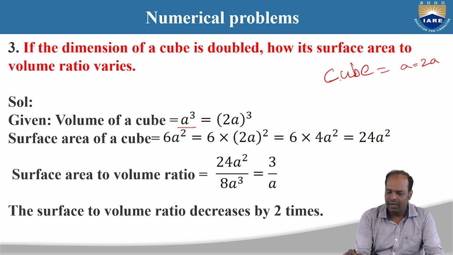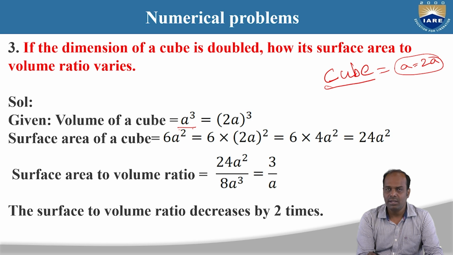If the dimension of the cube a becomes 2a, then we substitute: volume of the cube is a cube, with a equal to 2a, so 2a whole cube.